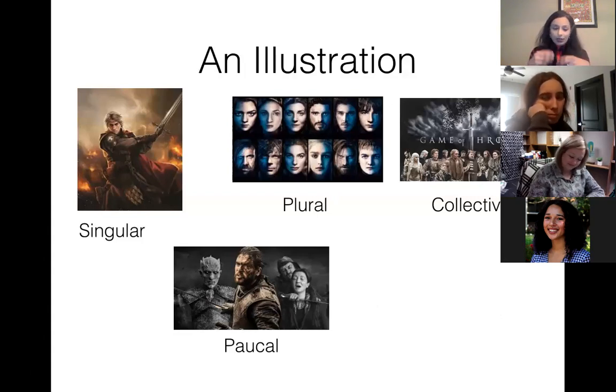Because I know that it's not an easy concept to get your head around, but once you have a visual image, I think, for me at least, I'm a visual person, so I like this idea of looking at the visual to understand what that means. This is the best example I could find. Again, Kelly, I know you watch Game of Thrones, so you probably relate to this a lot better. I don't watch Game of Thrones, but I think it's still understandable as an example.